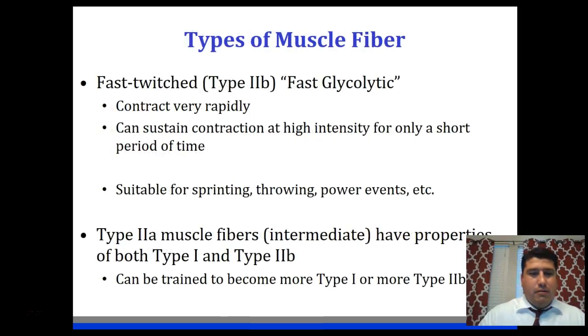Okay, the final type of muscle fiber is the type 2A muscle fiber. This is also called intermediate muscle fiber. Now, this type of muscle fiber has properties of both type 1 and type 2B. Okay, so the advantage of having a high percentage of intermediate muscle fiber is that it can be trained to become more like type 1 or more like type 2B.